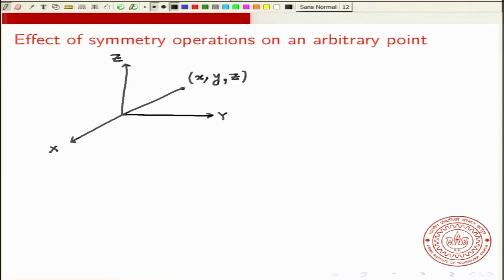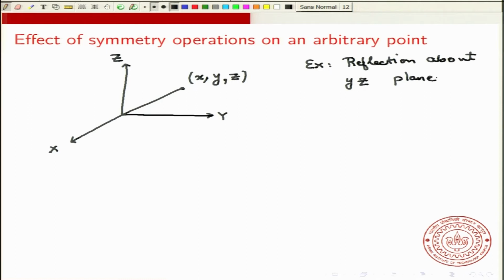For example, suppose I do an example, okay. Let us say you have a symmetry operation of reflection about, let us say, the y z plane.